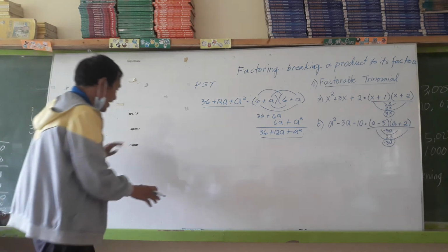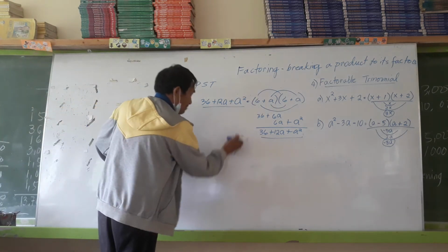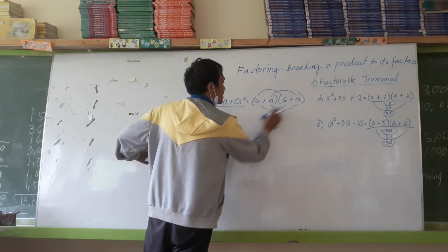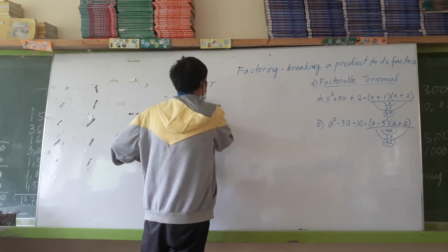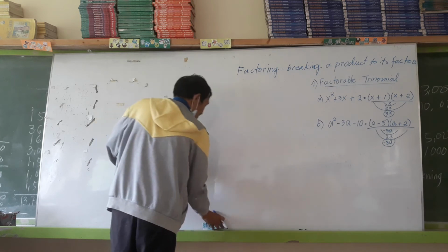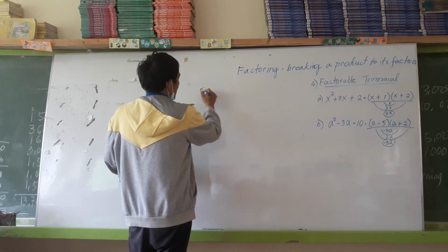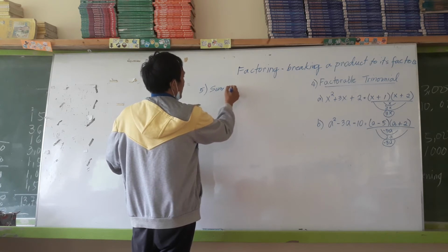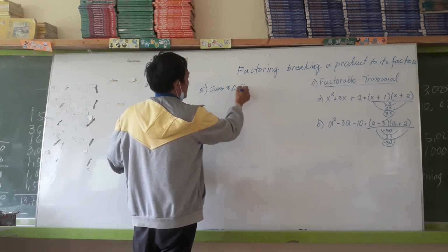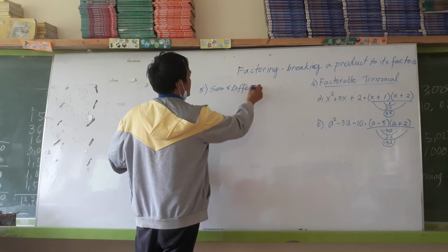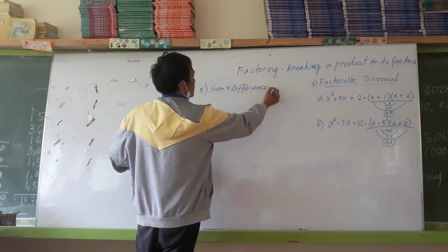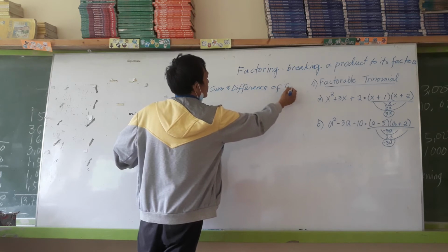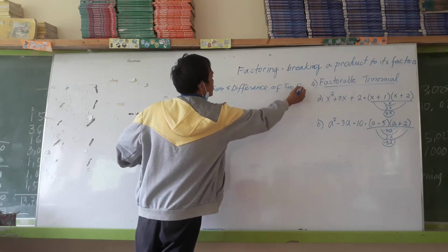Okay? So, next, factoring method. I'm going to erase this first. Is the sum and difference of two cubes.